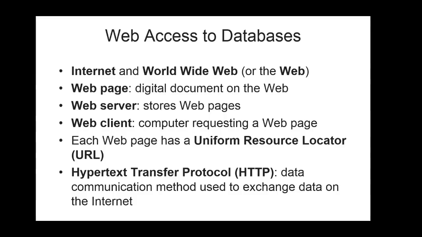So what is a web client? A web client is a computer requesting a web page, and each web page has a URL, or uniform resource locator. The beginning of the URL, HTTP, specifies Hypertext Transfer Protocol, which is a data communication method used by web clients and web servers to exchange data on the Internet.